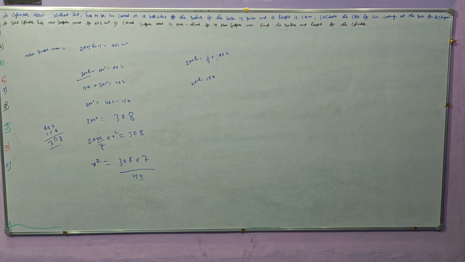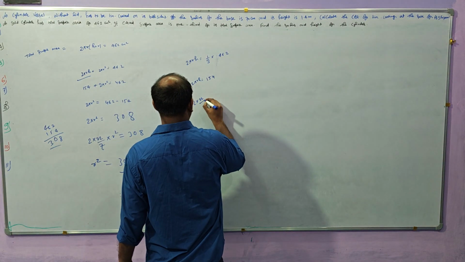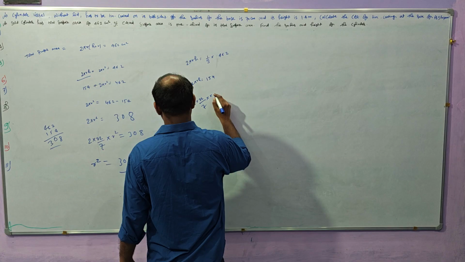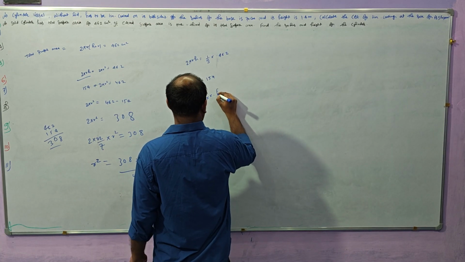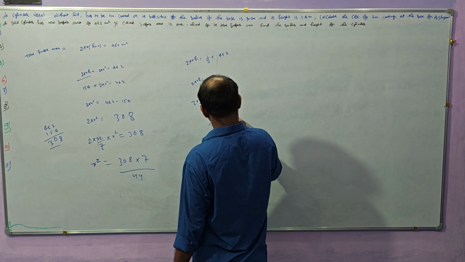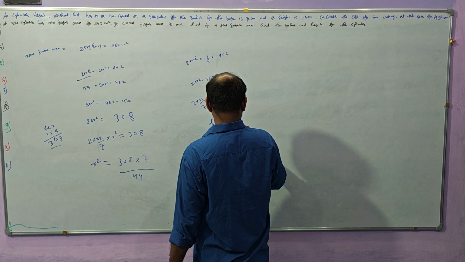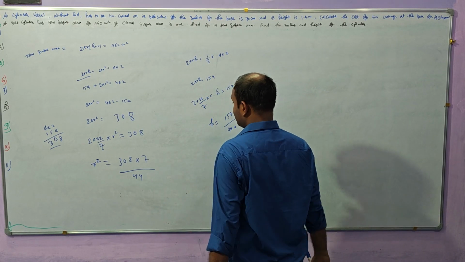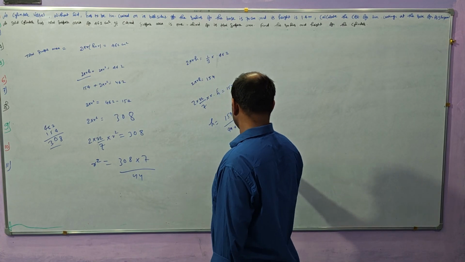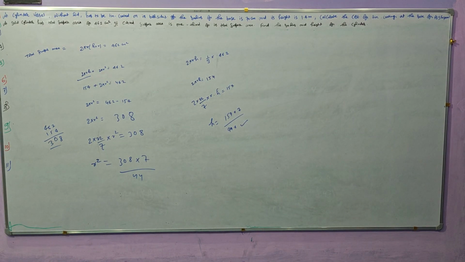And from this we get r, and from this 2 into 22 upon 7 into r into h is 154. So h becomes 154 into 7 upon 44 r. So we easily get height is something when we got r is equal to something.